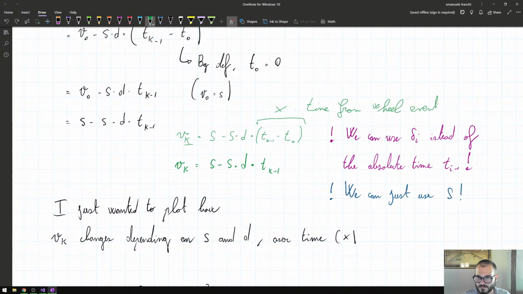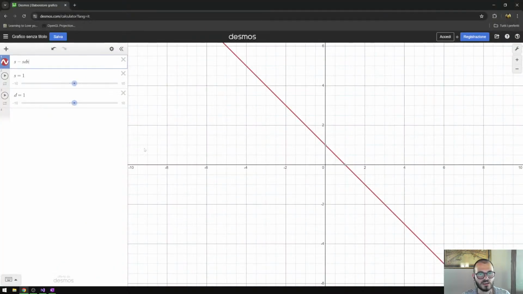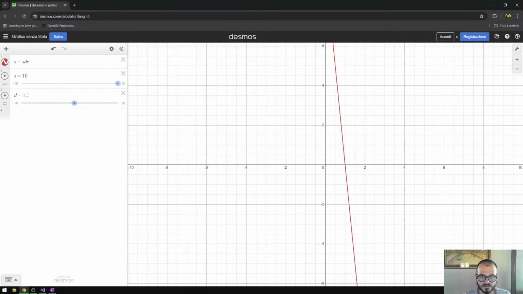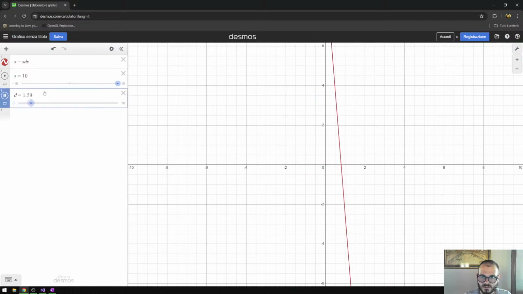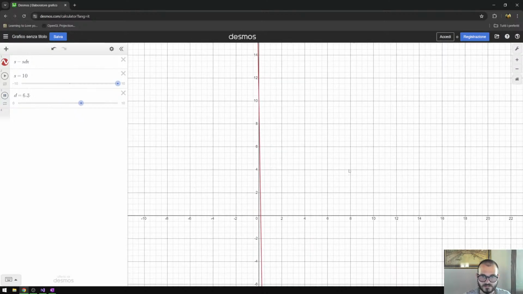Let's suppose this is 1. Look at the damping factor. It's a linear kind of way, obviously not negative, please. So it's something like this.